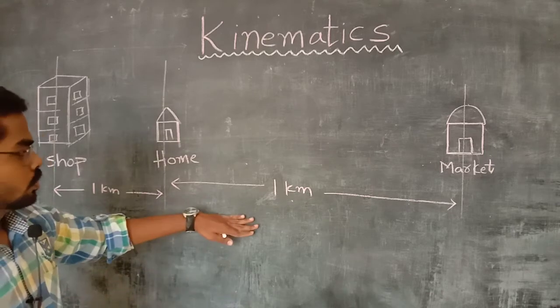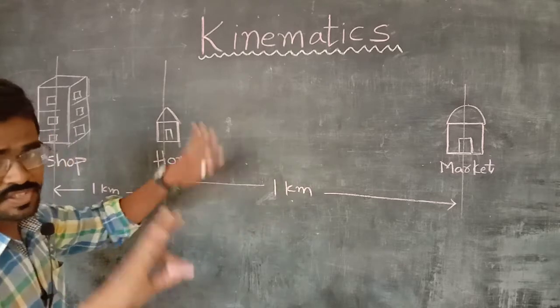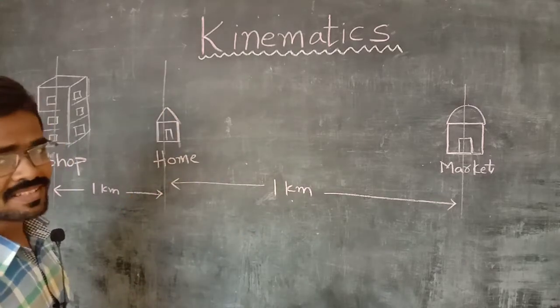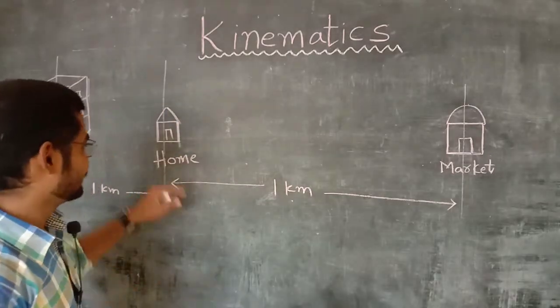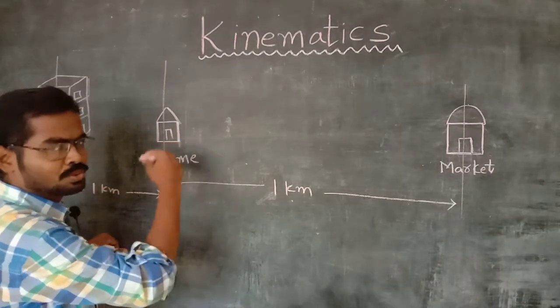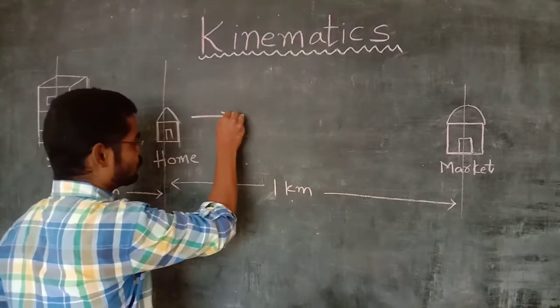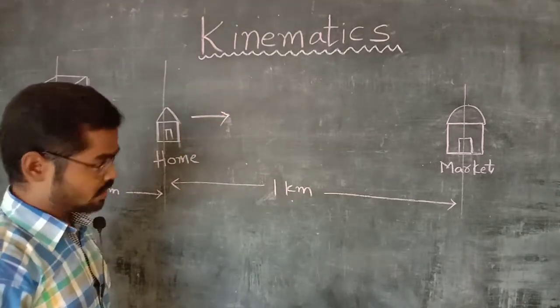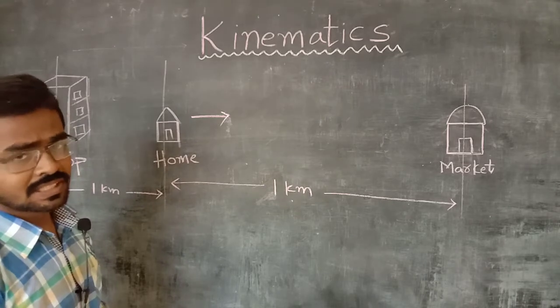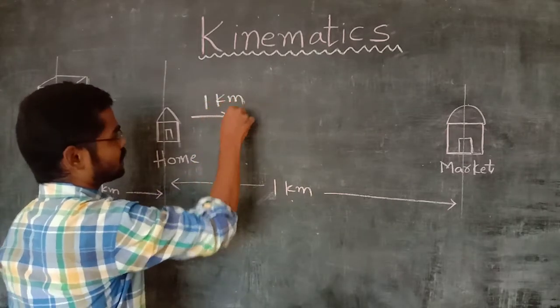So now the same person, but the scene has changed. Now he will go from his home to market. When he goes from his home to market, how much distance will he cover? He will cover a distance of 1 kilometer. Okay.